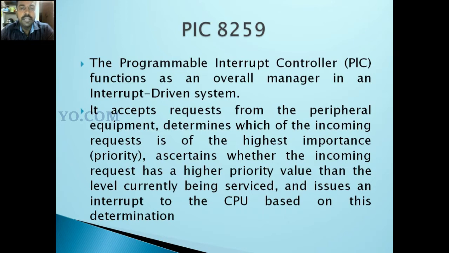Okay, right. So the 8259 accepts requests from peripheral equipment and determines which of the incoming requests is of the highest importance, or highest priority. Then it gives service to the highest priority interrupt first.